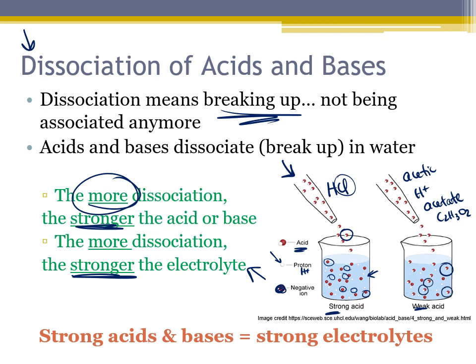So instead of all of those acid molecules popping apart into H pluses and acetate ions, just a few of them are popping apart, lots of them are staying stuck together. And so this is a weaker acid, it doesn't dissociate quite as much. Because there are fewer ions, it is not as strong of an electrolyte.